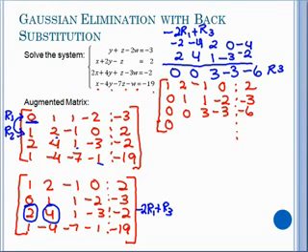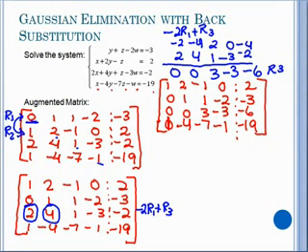And your last row is still the same. Oops, that should be a 1. -4, -7, -1, -19.